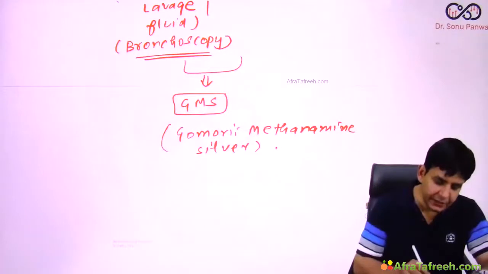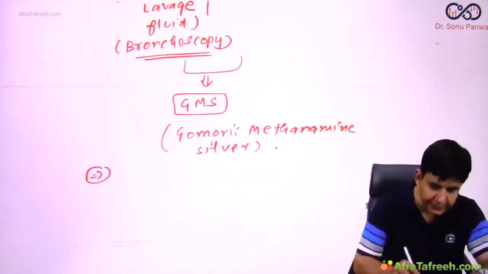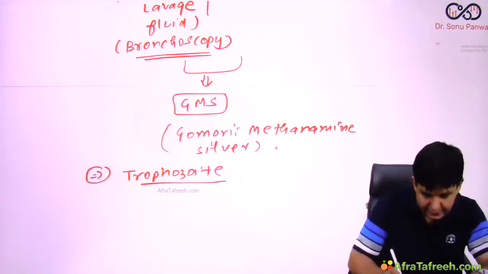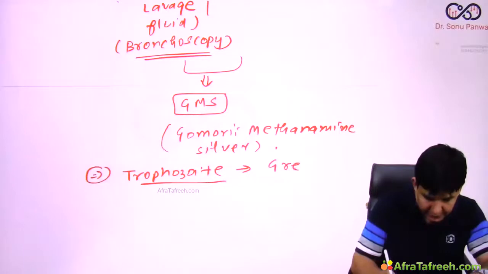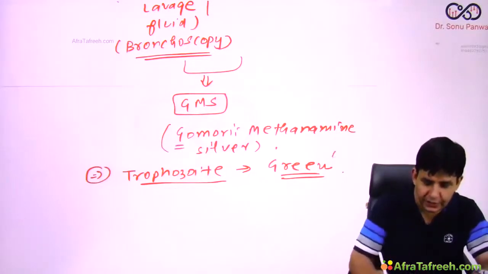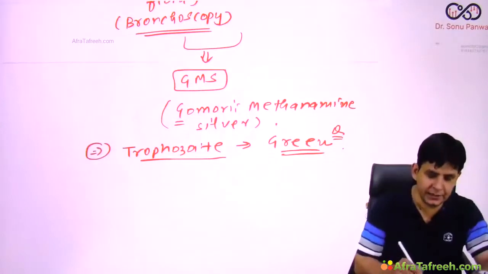In the GMS staining, you need to remember that the trophozoites take which color? Green, because GMS stains green naturally. So this was the AIIMS question. It stains green color.